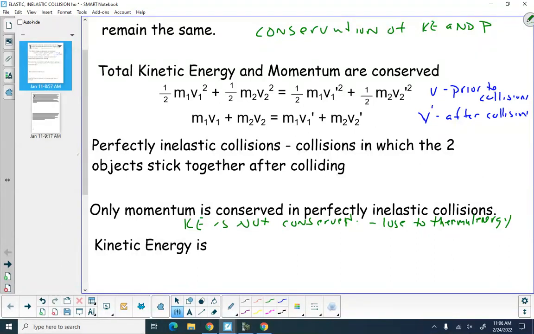Whenever you have collisions that are not perfectly inelastic or perfectly elastic, you lose thermal energy. Once again, you have friction and bonds that are broken, all of which adds into thermal energy, so you don't conserve the kinetic energy.